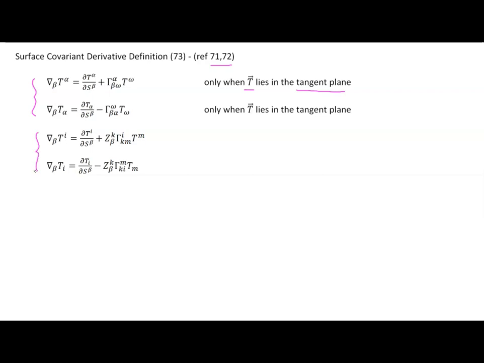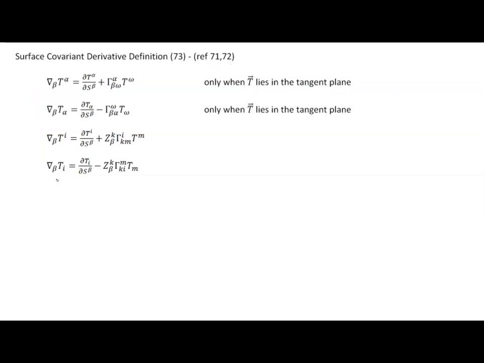Now let me mention that these last two forms are universally applicable to any vectors, those that lie in the tangent plane or outside the tangent plane. So these we can use for any vector, but the first two can only be used if the vector lies in the tangent plane. We cannot represent a vector outside the tangent plane by using surface indexes, so that's what makes us use these forms here.